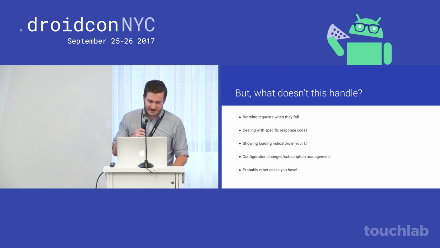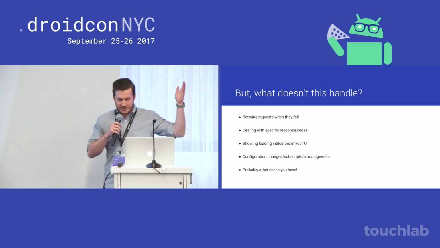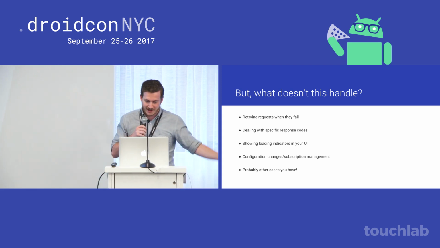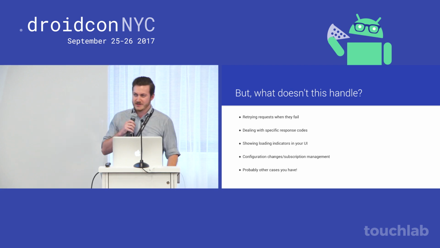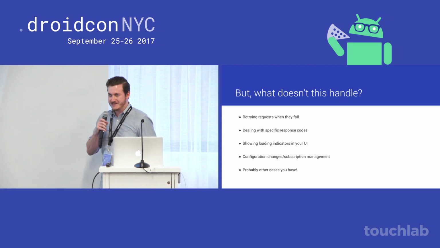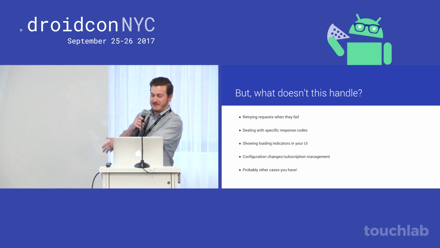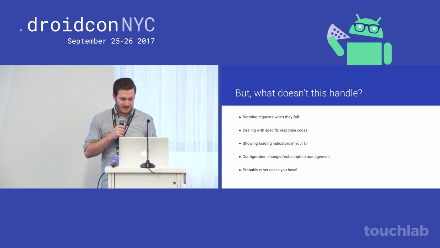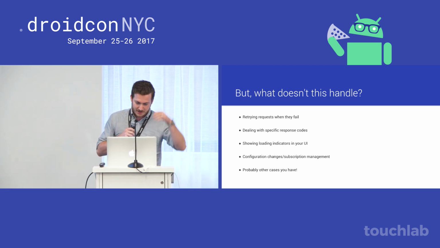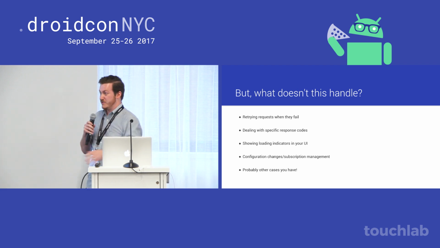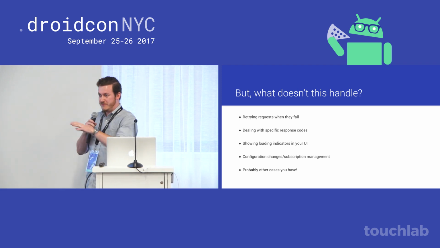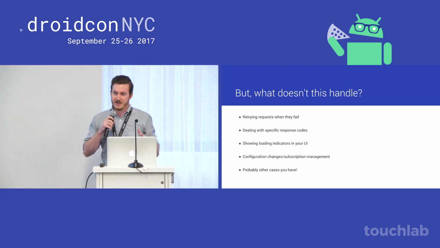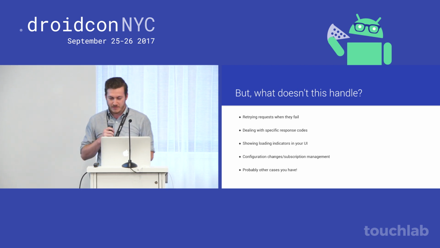Your activities are being restarted constantly. The example that we just showed doesn't cover any of these topics. And if we're going to say that RxJava is better than AsyncTask, then we need to actually solve all of these problems, because these are the problems that applications have that we need to set examples for. My goal today is to show some patterns to solve specifically these problems, but hopefully they're applicable to other parts of your application and you can reapply them as you see fit.